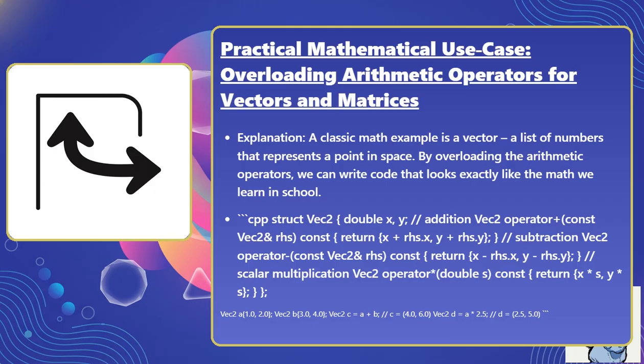Subtraction operator minus returns a vec2 with x minus rhs.x, and y minus rhs.y. Scalar multiplication operator times takes a double s and returns a vec2 with x times s, and y times s. Then vector a with values 1.0 and 2.0, vector b with 3.0 and 4.0, c equals a plus b, d equals a times 2.5.